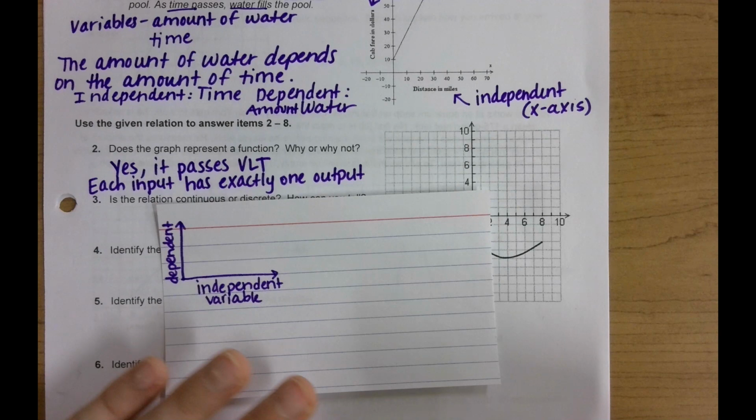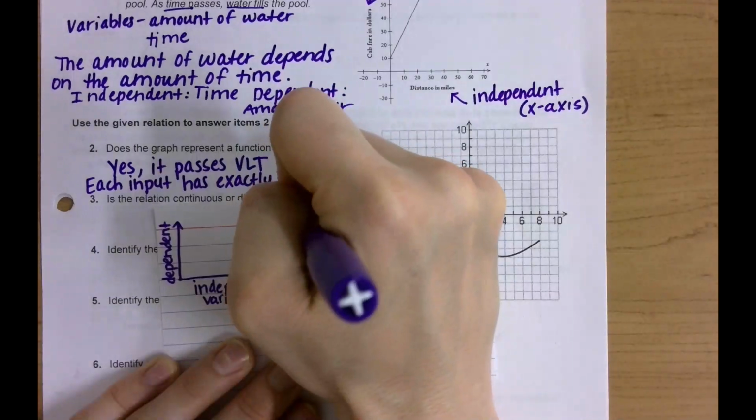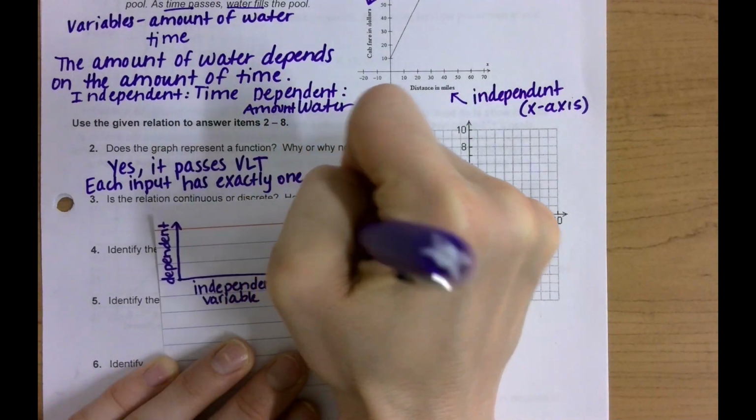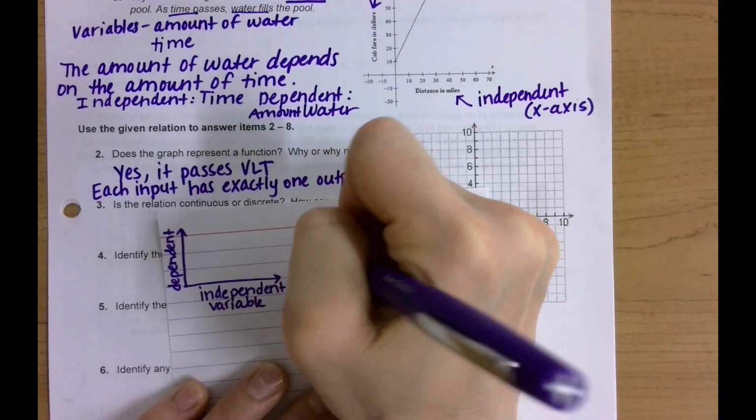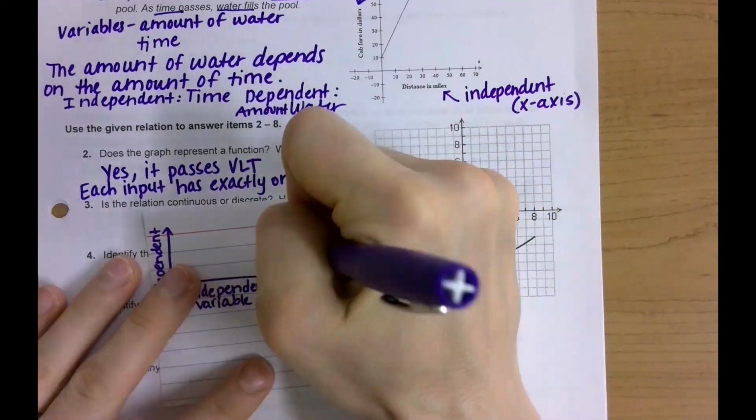For the graph representing a function, you'd say function: each input x has exactly, I can't spell right now, that's a C, exactly one output.